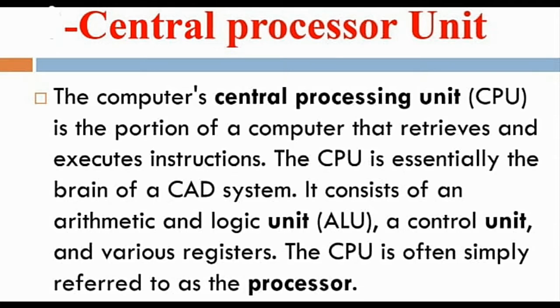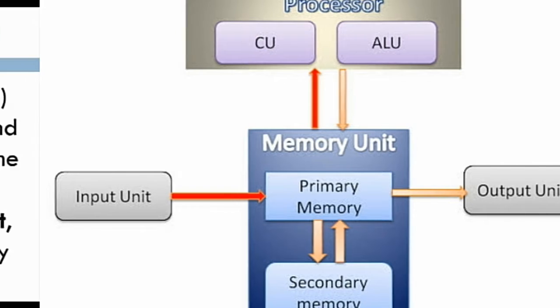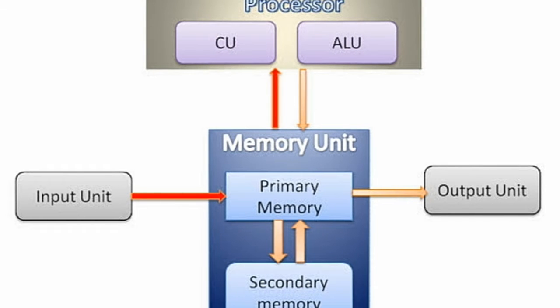On page number 28, there is a diagram given, which is the block diagram of the computer. As you can see in this figure, the block diagram of the computer is described easily.